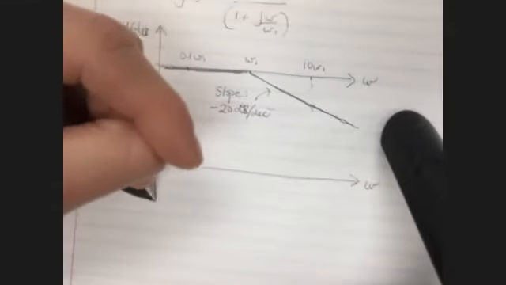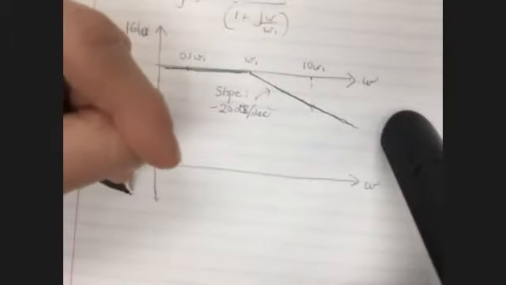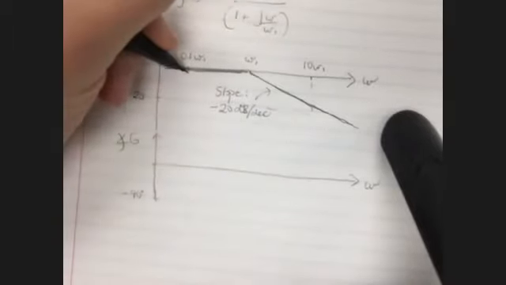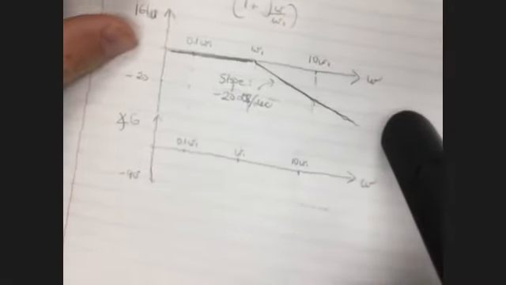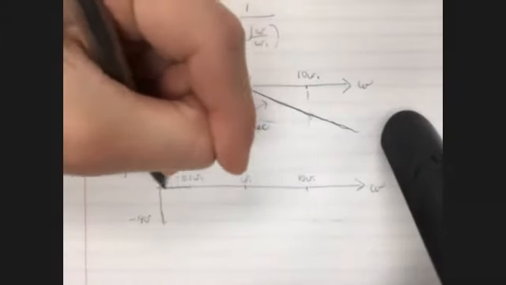And also here, just as the other one contributed plus 90, this is going to give me minus 90. But it's going to kick in here at 0.1, and it's going to finish kicking in at 10 omega 1. So let's mark those: 10 omega 1, omega 1, 0.1 omega 1. So it's really doing kind of nothing here.